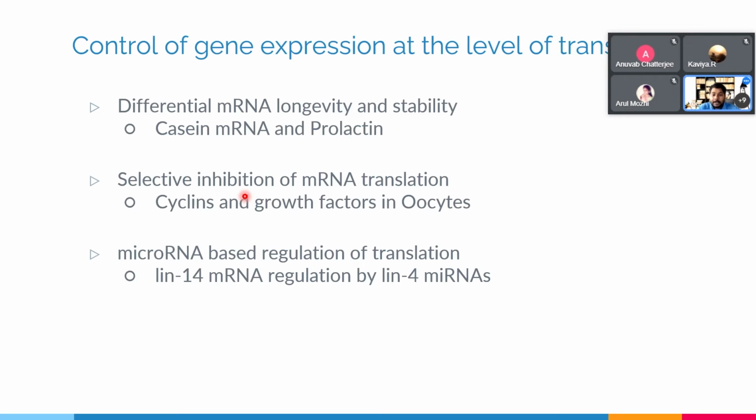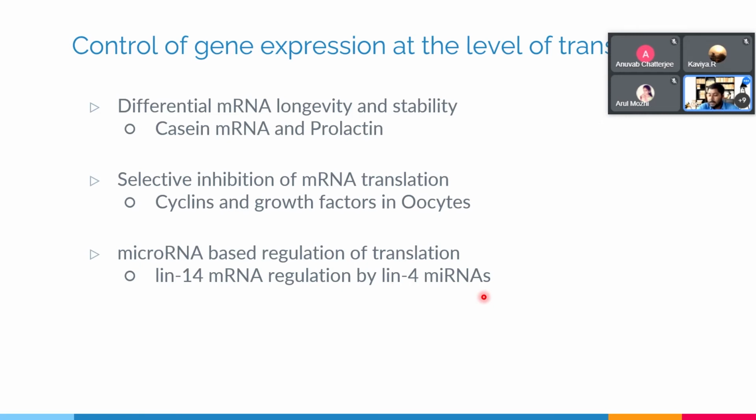This is actually produced by selective inhibition of particular mRNA translations. And the example is cyclin and growth factors in oocytes. And finally, it can also be via microRNA-based regulation of translation, which we have just discussed. An example of it is Lin14 mRNA regulation by Lin4 microRNAs.